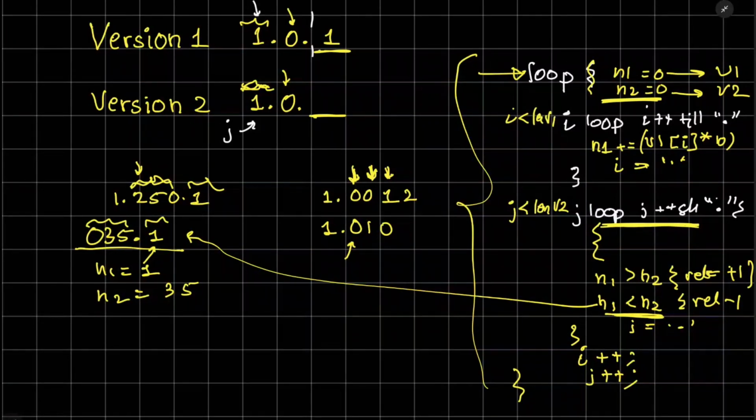So if i is less than the length of version 1, the i loop will run, but the j loop won't run, because j would be here and after this j plus plus it would go out of bounds, so this loop will not run, and n2 will contain 0 only. That's what we have to do: if there are no further revisions, we have to assume 0. So this would work for that.